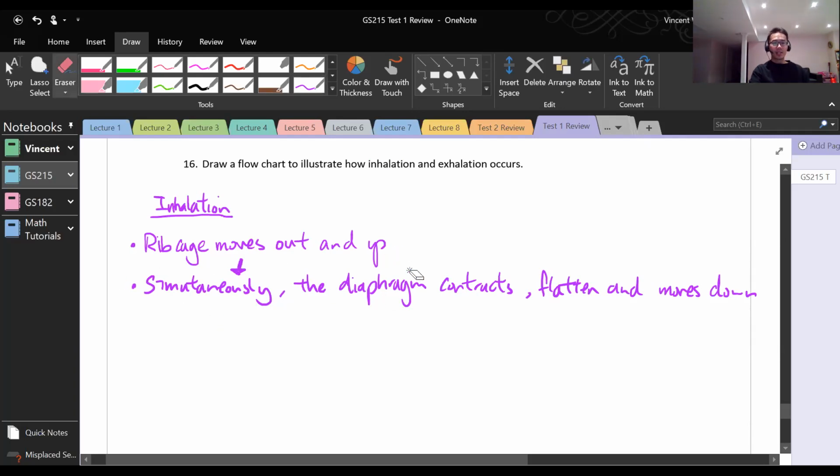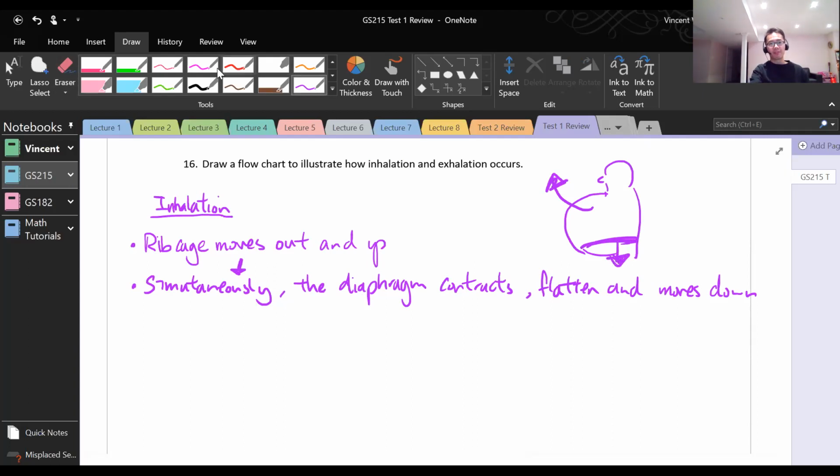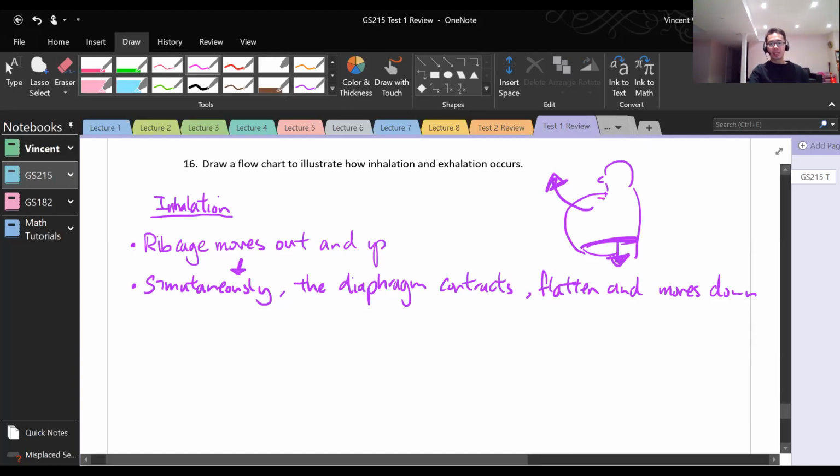Okay, so together, these two actions, remember the picture we drew last time? The picture we drew, this is an exaggeration, but it helps you remember it. Ribcage is going to go out and up. Diaphragm is going to go down and flattens. And because the lungs have the pleura, right, the double membrane, the movement of the lung is tethered to the movement of the rib cage and the diaphragm. So if this moves out, it will pull the lungs with it.